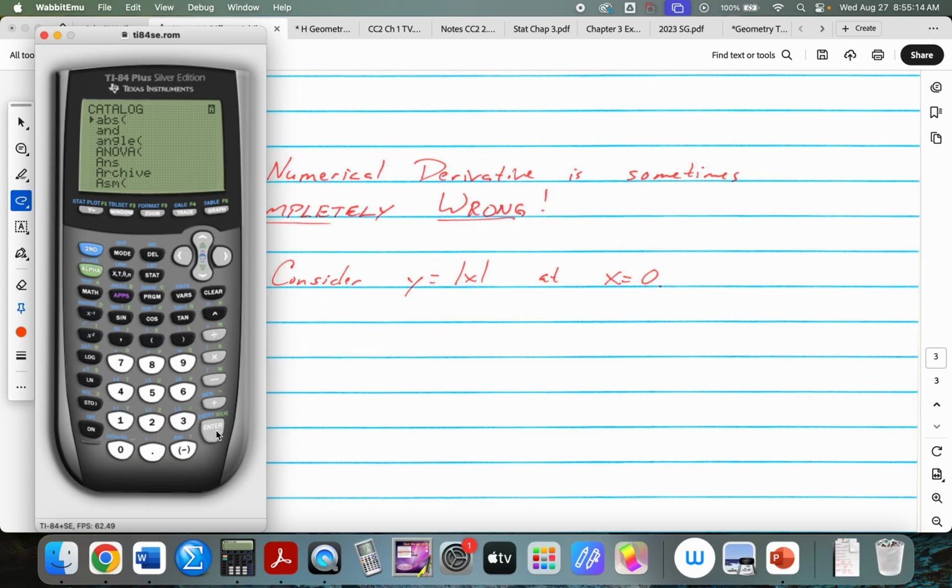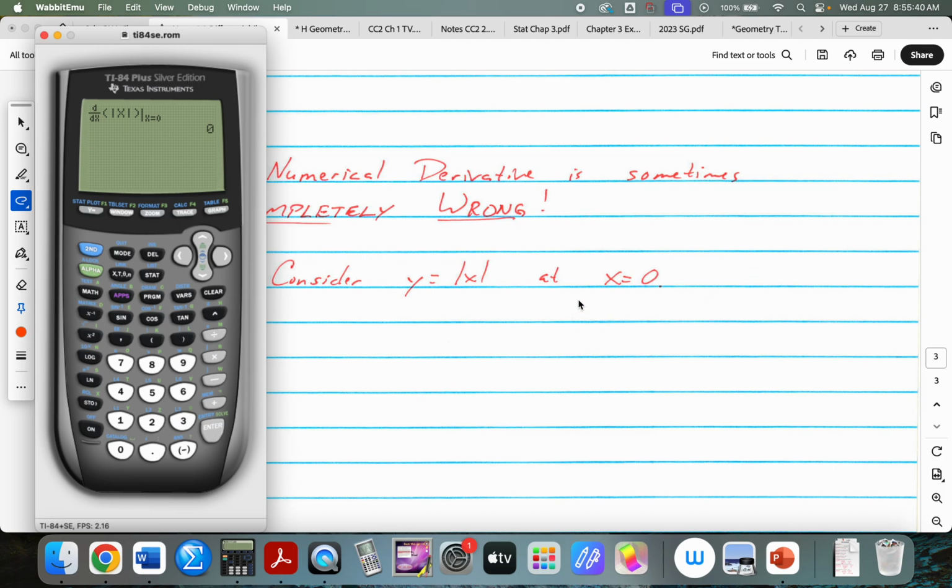I'm sure it's other places, I just use it here. So the absolute value of x at x equals 0 and it's going to tell you that the derivative is 0. Lies. Absolutely, totally, completely wrong.